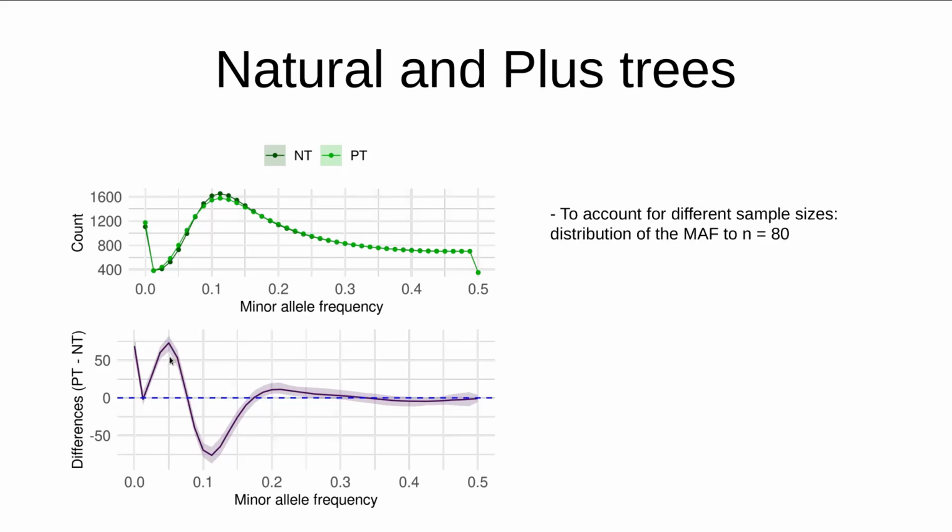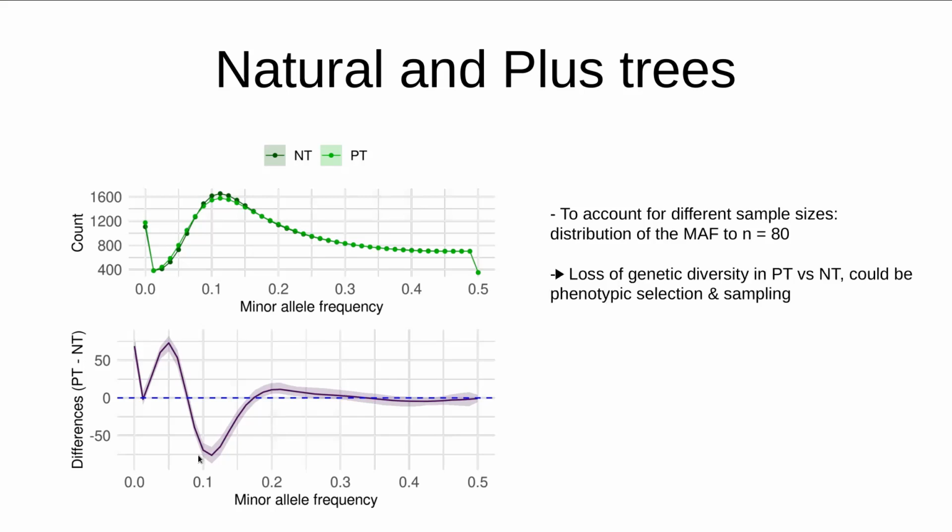An important precision is that to account for the different sample sizes in the two populations, these distributions have been resampled to an equal size of n equals 80. We see in the plus trees compared to the natural trees an increase of the rarest and fixed alleles and the loss of alleles at intermediate allele frequencies.